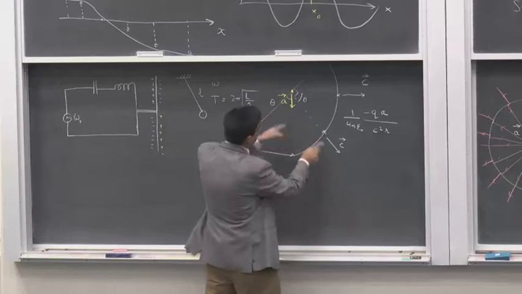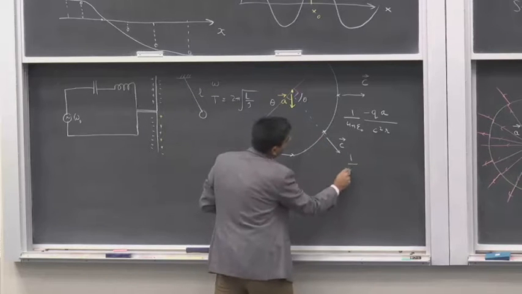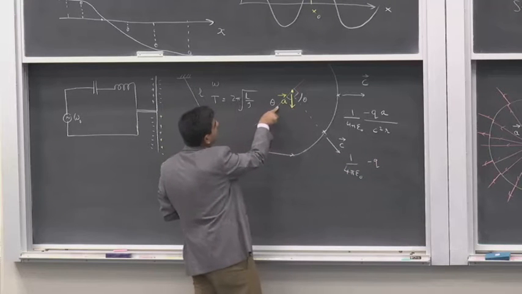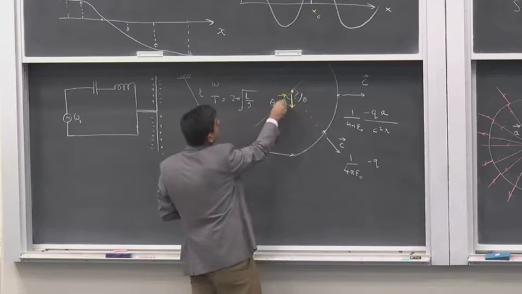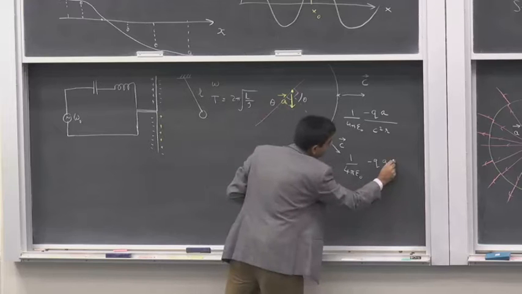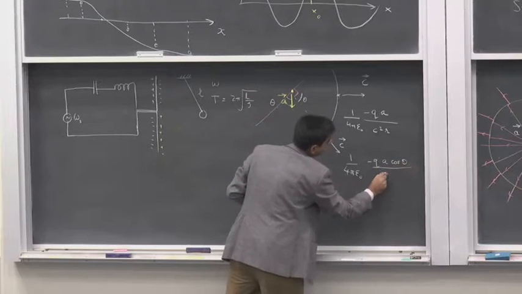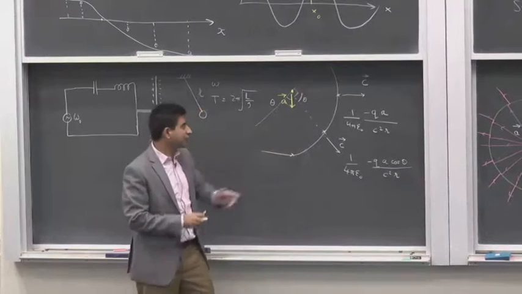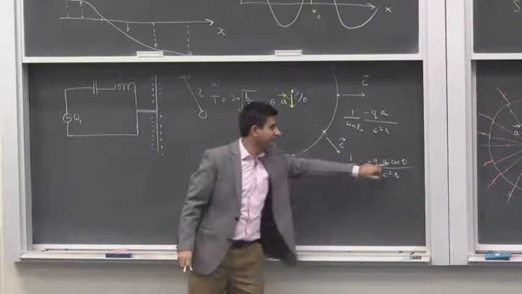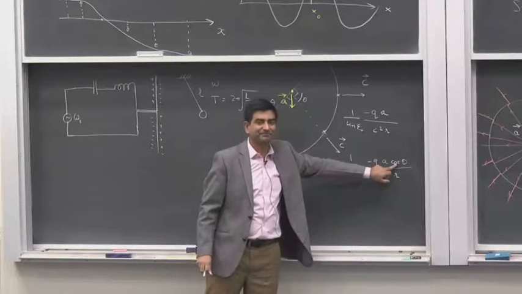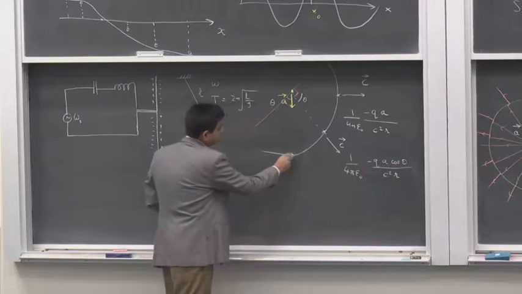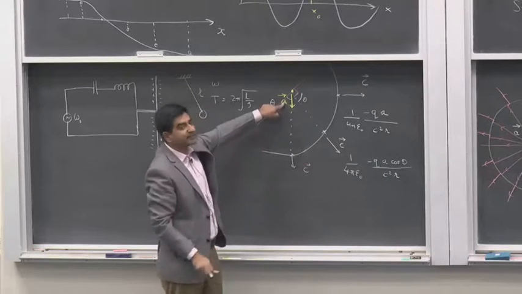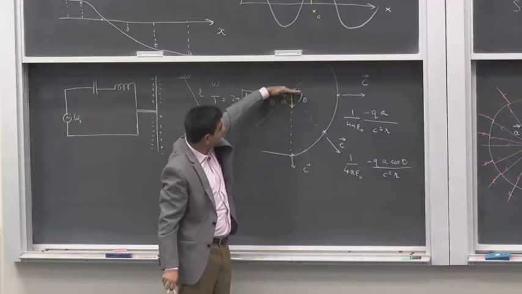So this electric field here is going to be 1 over 4 pi epsilon naught times minus Q into the component of A along this, which is A cosine theta. So this electric field is going to be smaller here because theta is larger than 0. At this point, this is the line of observation, C. There is no component of this acceleration in a plane that's normal to this line of sight.